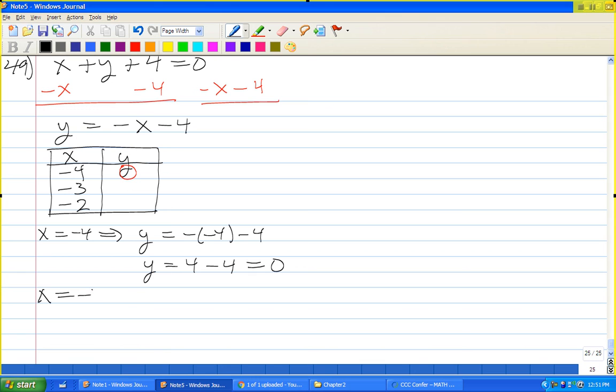Let x equal -3. And so y is equal to minus a negative 3 minus 4. So 3 minus 4 is negative 1.